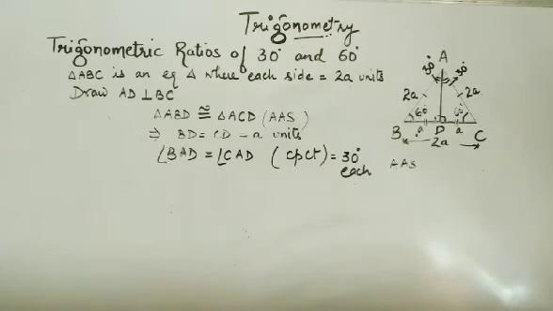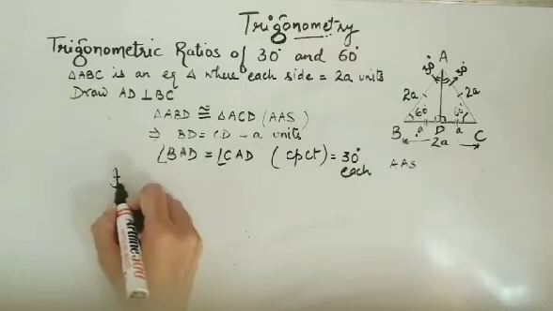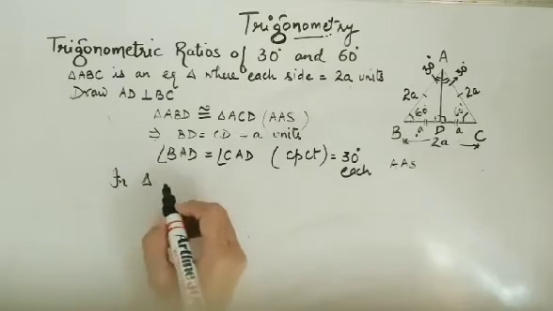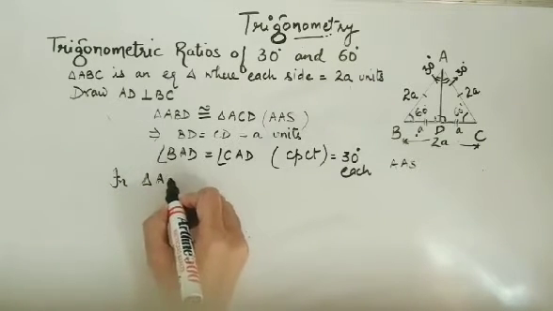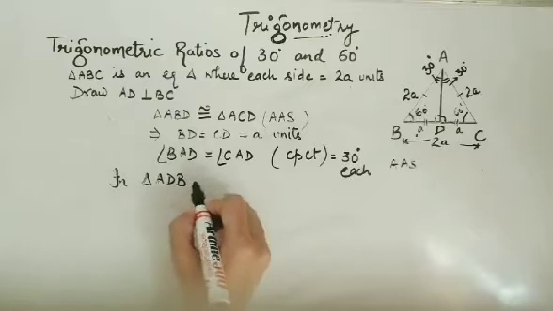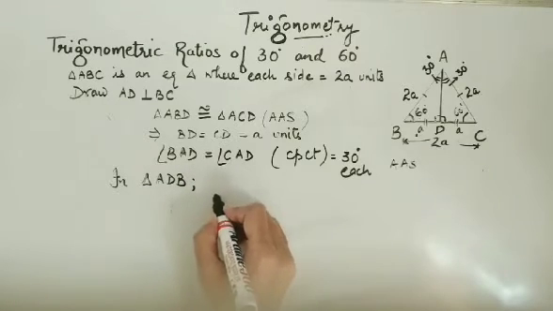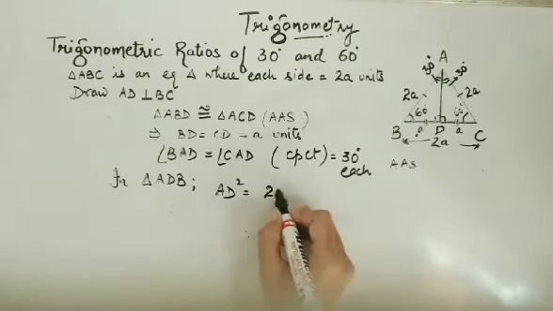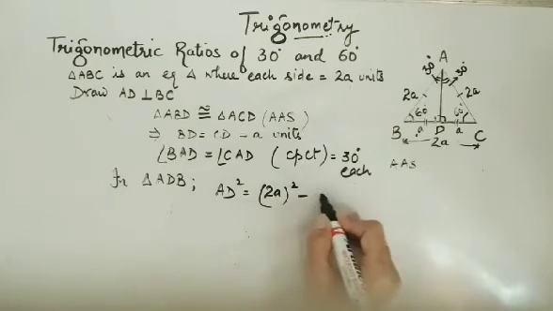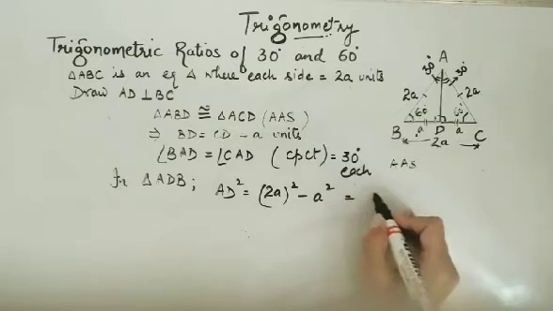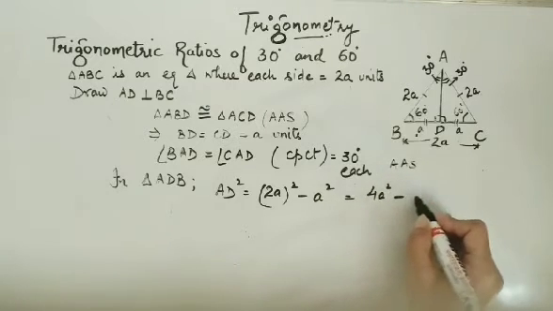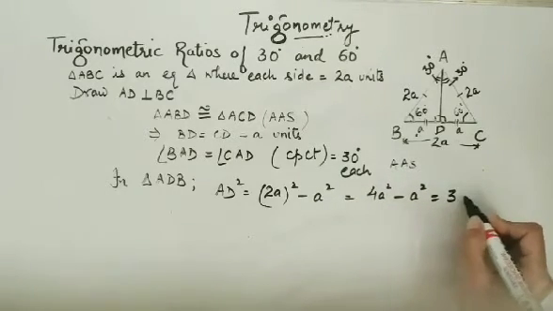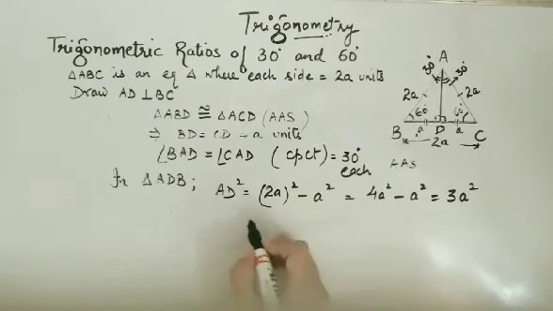So I'm going to apply Pythagoras in triangle ADB. In this triangle ADB, AD square would be 2A square minus A square, which makes it 4A square minus A square, which is 3 times A square.